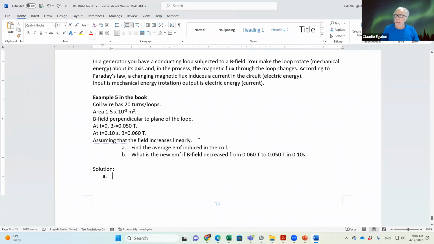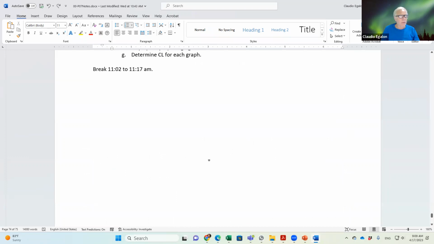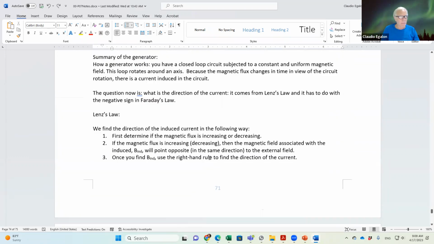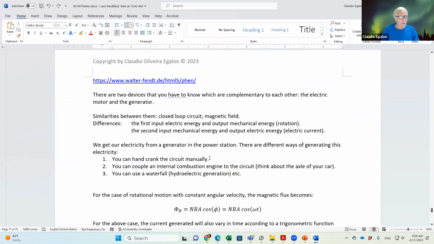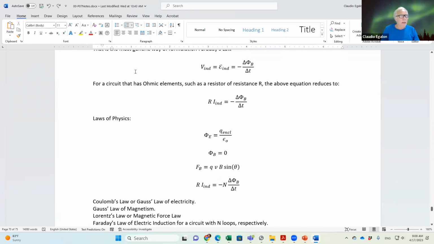Oh, we gotta go for the equation, right? Let's go for the equation. For the equation that you must have memorized. There you go. That's the one here.